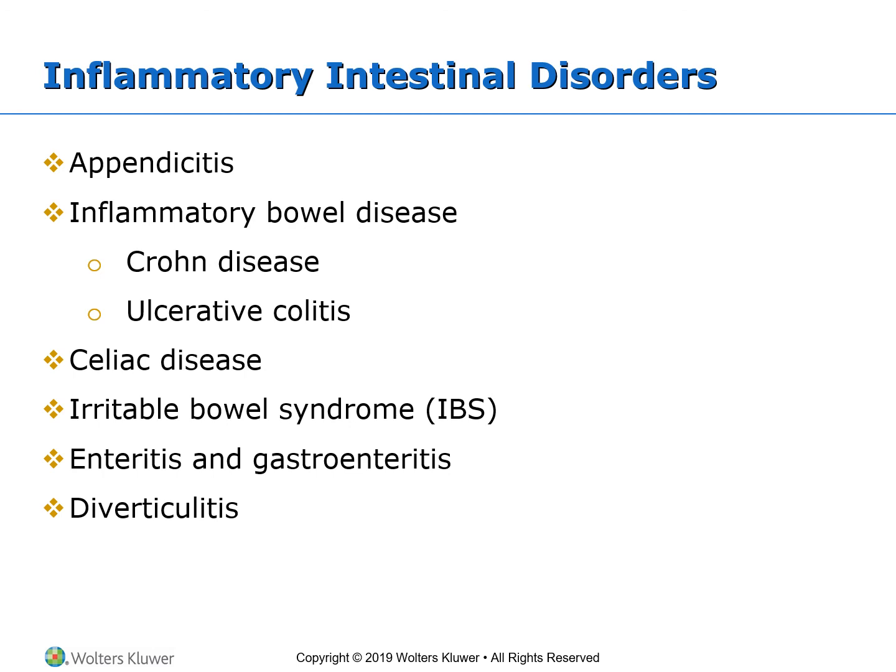The patients will complain of considerable pain that will be released by having a bowel movement, either diarrhea or constipation. And once they have the bowel movement, the pain goes away like nothing happened before.